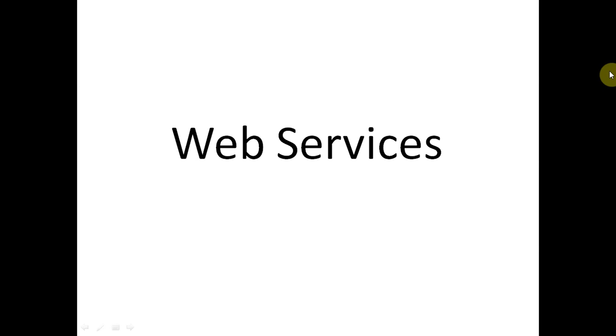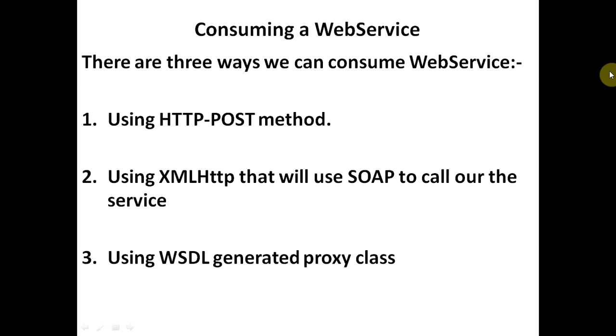So what is this web service? How to create the web service, I will discuss all of this. For consuming a web service, there are three ways we can consume it. One is the HTTP POST method.